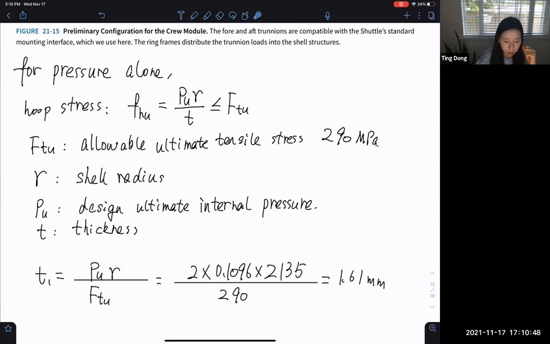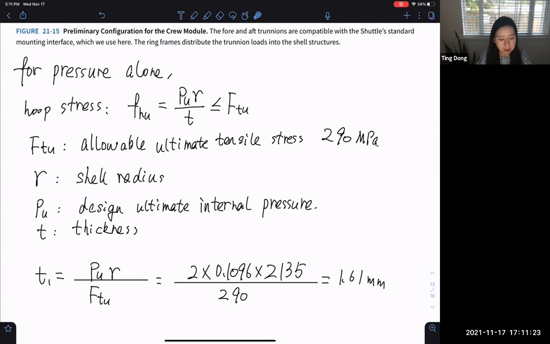And if you want to do the same situation like this one, when your EV is in space, the maximum internal pressure will not cause the yield of the frame. So the frame becomes the load carrying component for the hoop stress. So it's not the same, but you can consider it kind of similar.